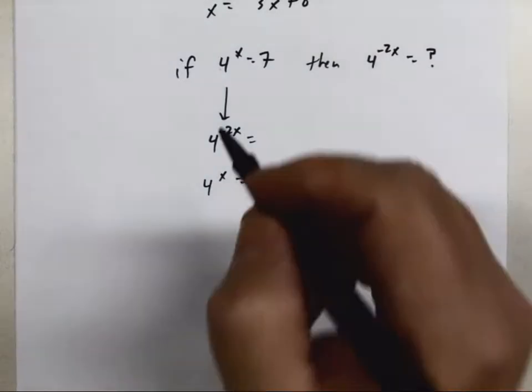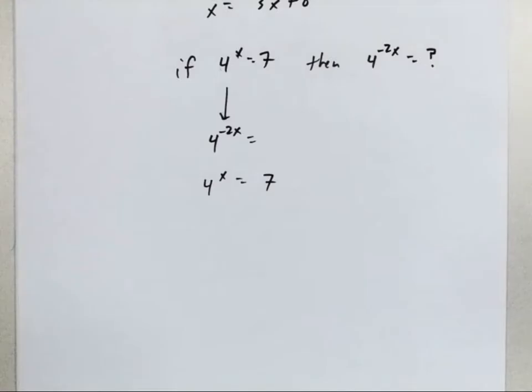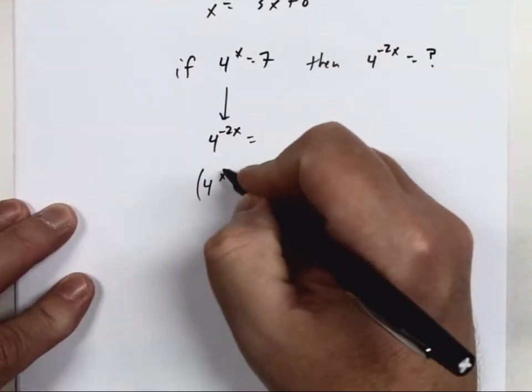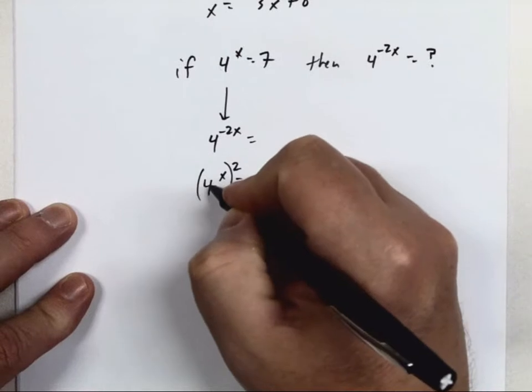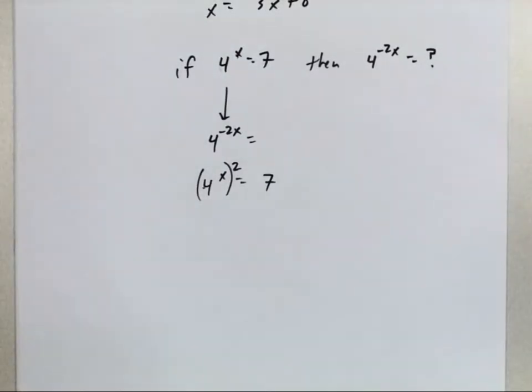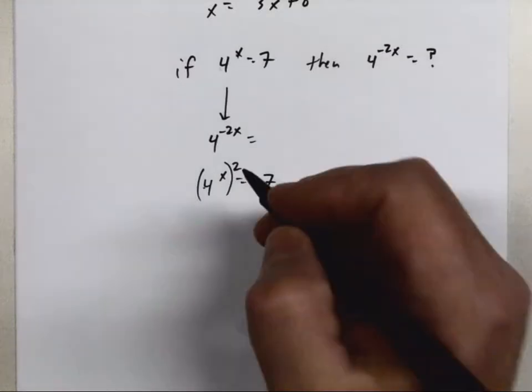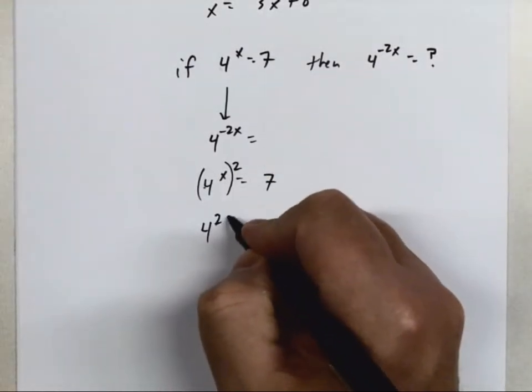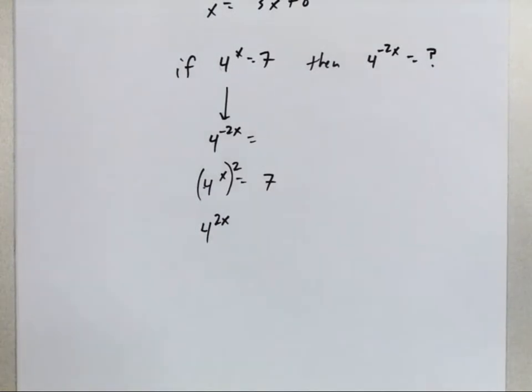Well, let's try and get a 2 in front of my x. Exponent rules say if I take 4 to the x and square it, what I do with these exponents, I multiply them. So it becomes 4 to the 2x.